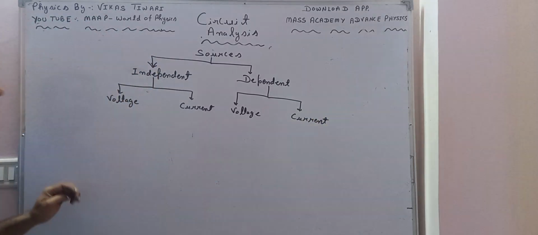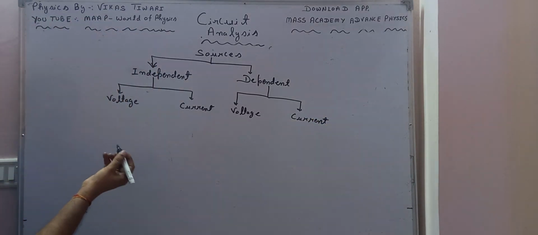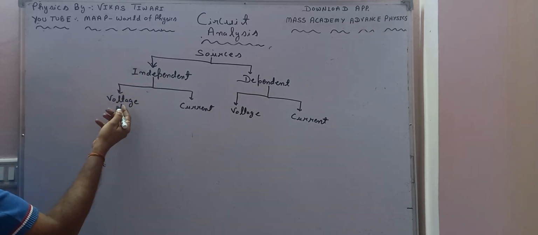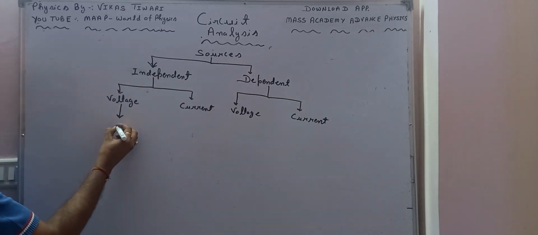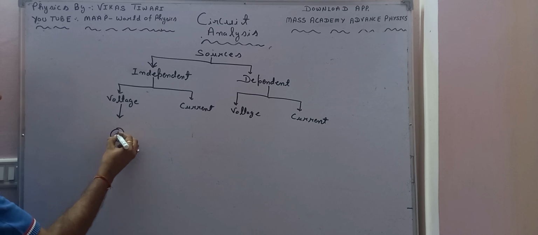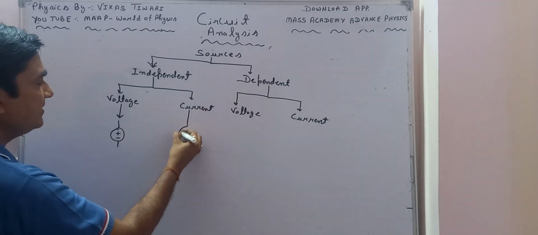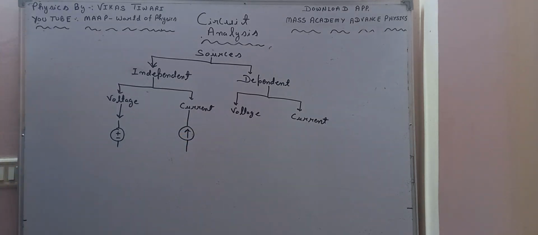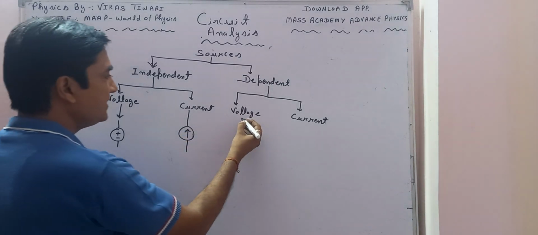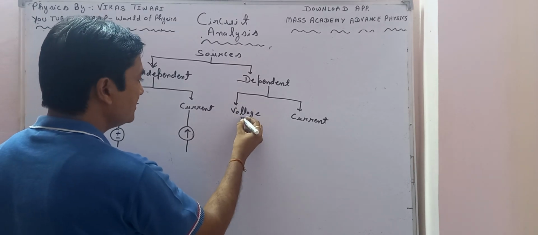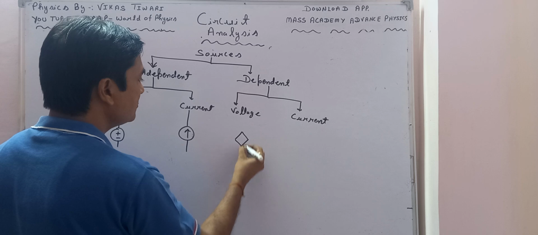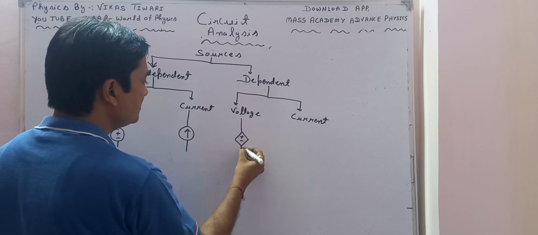And what is the symbol we are using to express the independent voltage source? This is the voltage source and this is the current source. And for the dependent voltage source, we will use this symbol over here.